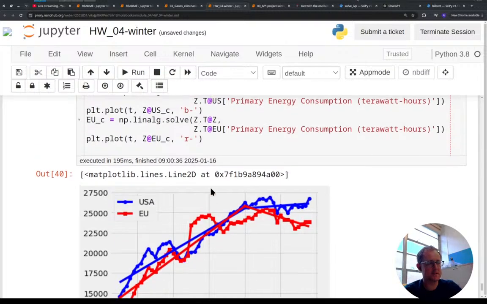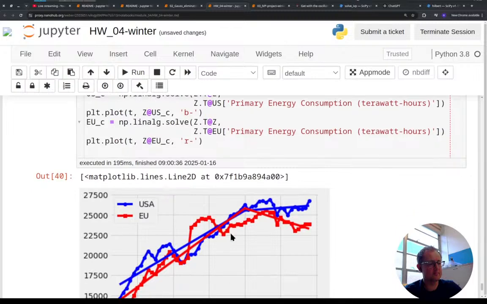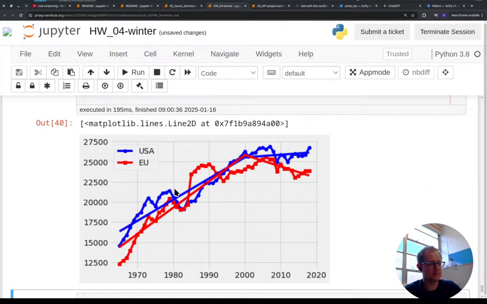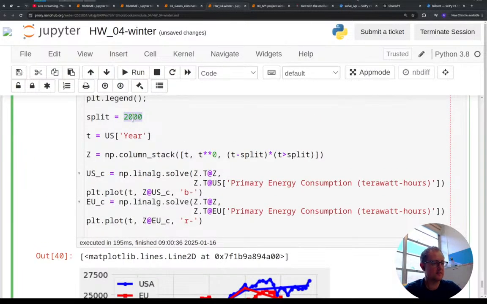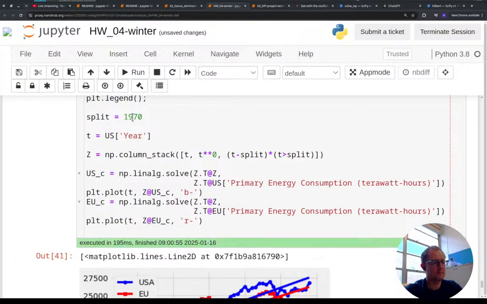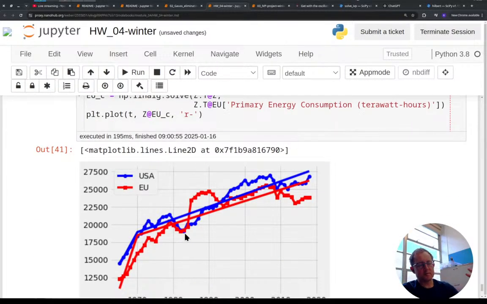So maybe this is not a good split year. Let's try it. Let's go back to 1970. And this one seems a little better, though it's not quite capturing a lot of this data for the EU.